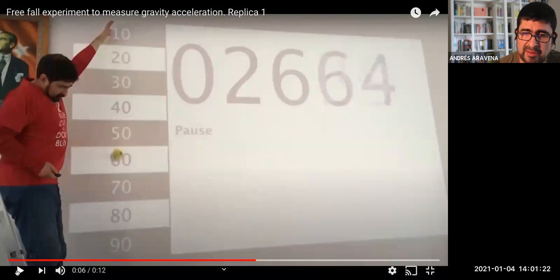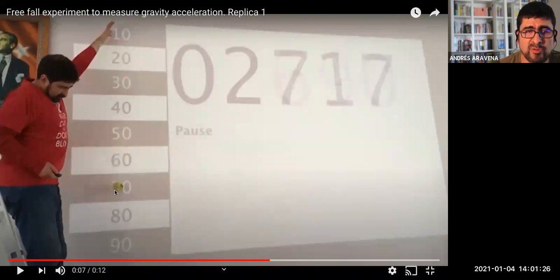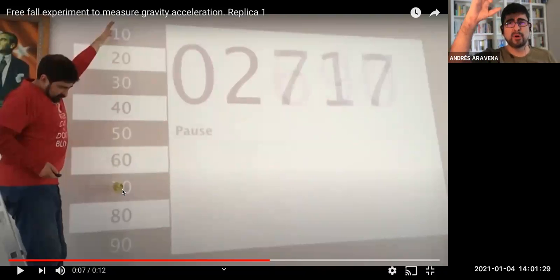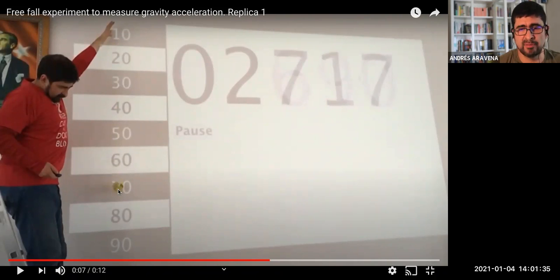Even that is not very clear because you don't know if you measure when you start or when you finish. The ball that I dropped had some size. So it should be the start of the ball, the end of the ball, the middle, something like that.